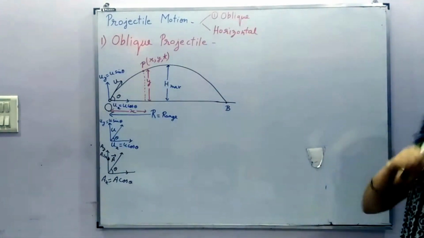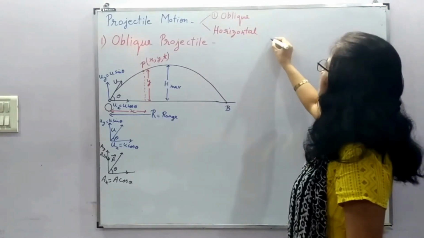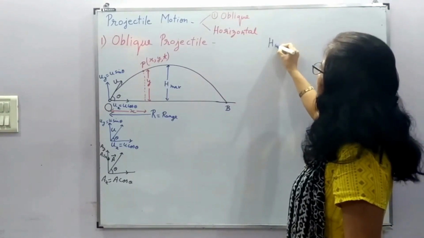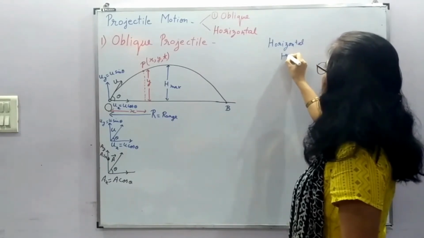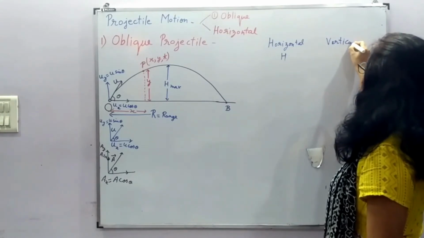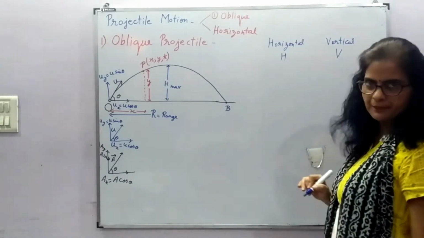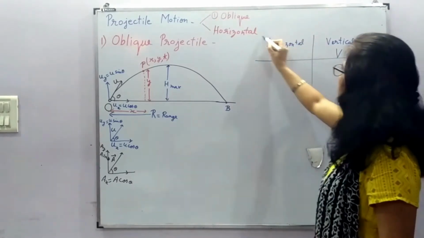So for that we need to draw a table. Let's mark that table. For horizontal, I can mark this as H, and for vertical, I can mark this by V. And for these cases, what will I do?